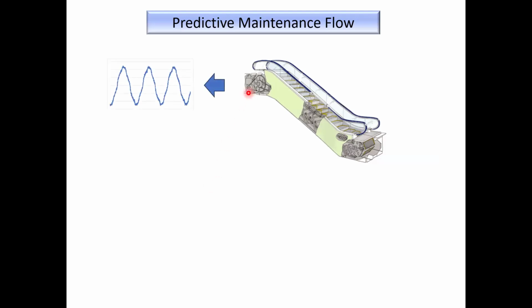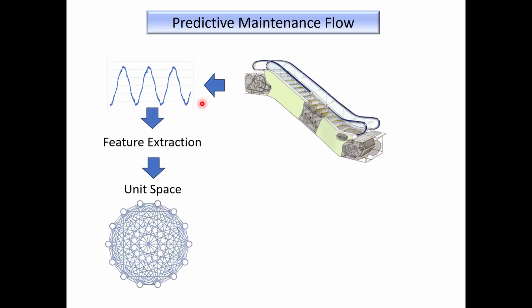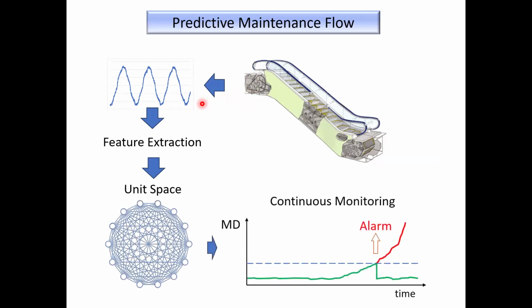From motor current, we get current and feature extraction and make unit space and analyze Mahalanobis distance.